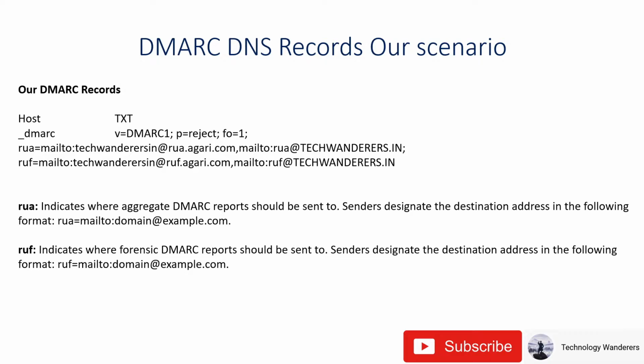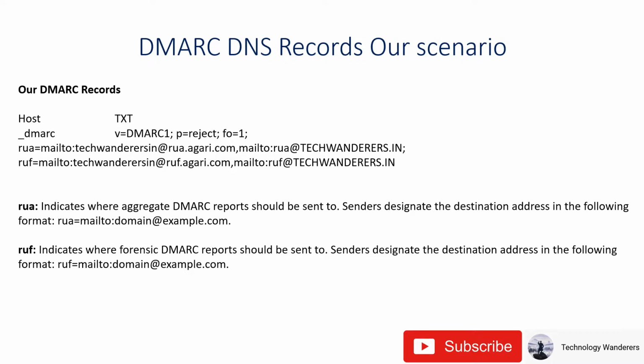RUA is a mailbox where your aggregate DMARC reports will be sent, and RUF is a mailbox where your forensic DMARC reports will be sent.